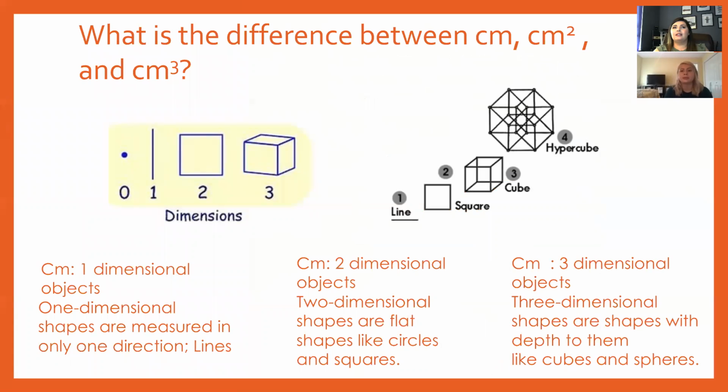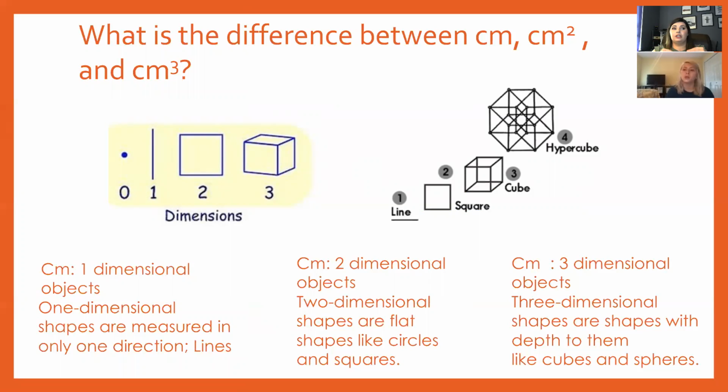So what is the difference between centimeter squared and centimeter cubed? Now, I know whenever we were thinking of the equation, we just kind of decided on centimeter, but we know that it could be, of course, anything: feet, inches, any of those. So we know, of course, that with centimeter, we're talking about dimensions.